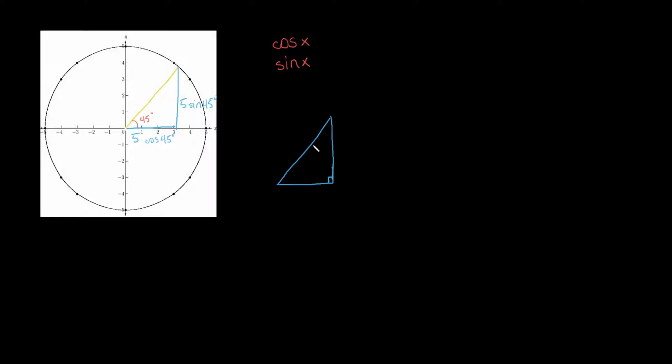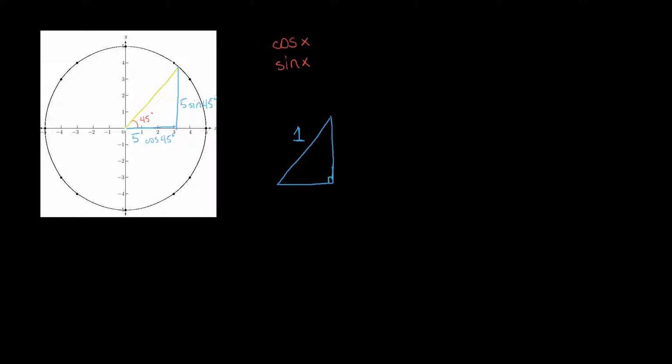Typically with the sine and the cosine, we think of having a radius of 1. And if you wanted to deal with a radius of 2, for example, you would take 2 times the cosine of your angle and 2 times the sine of your angle, just as we're taking 5 times the cosine and sine of our angle for our circle of radius 5 here.